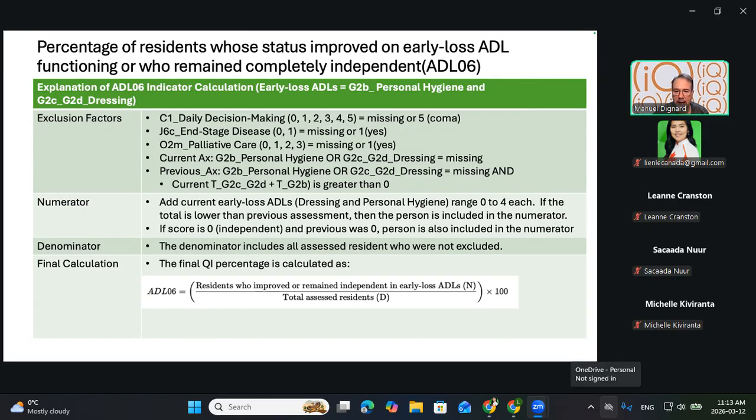So, again, they track those that improve. However, also those that remain completely independent across those two assessments.